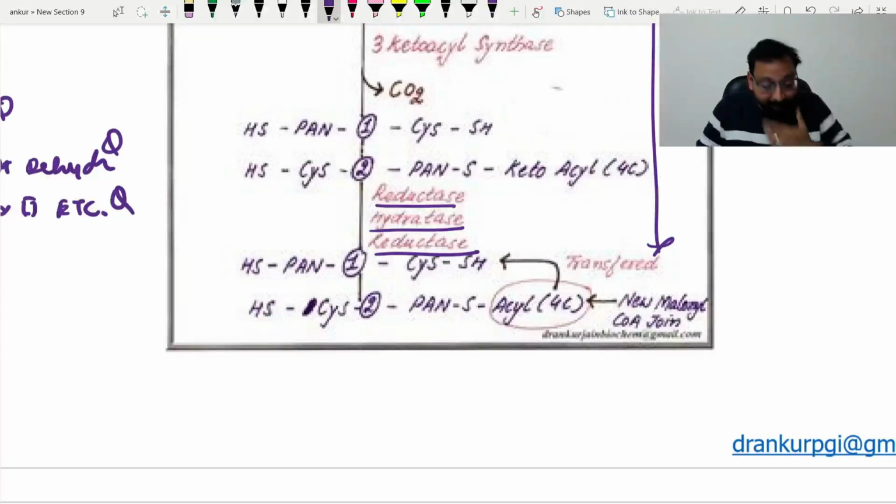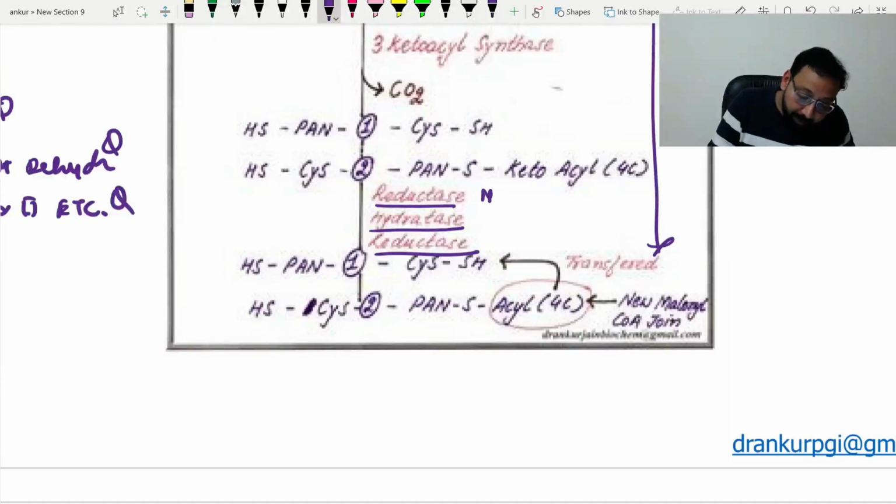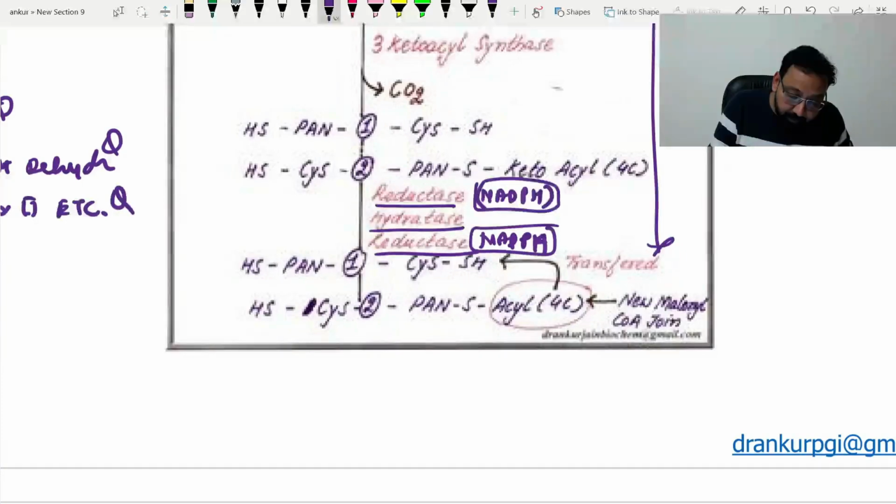Remember this point, reductase. And whenever you want reduction, you require NADPH.